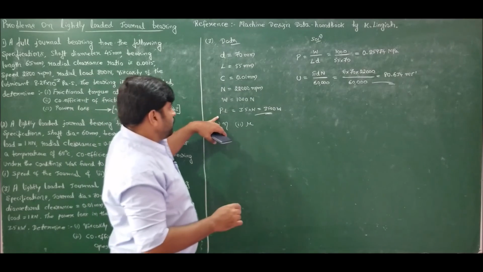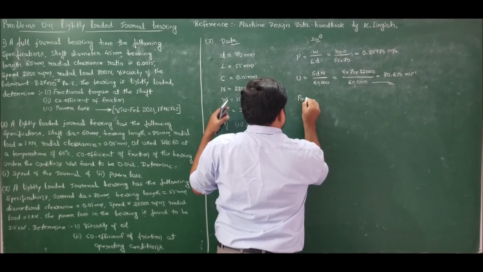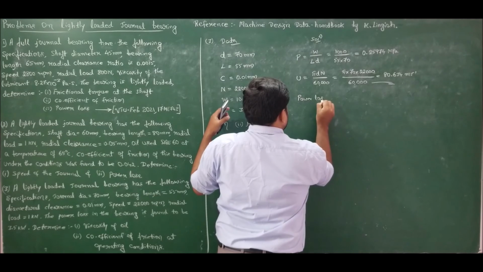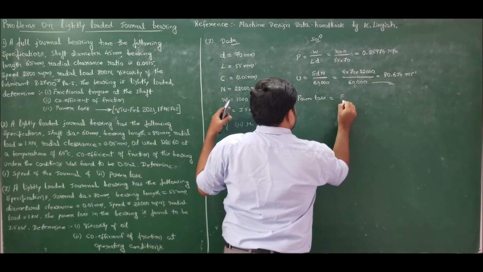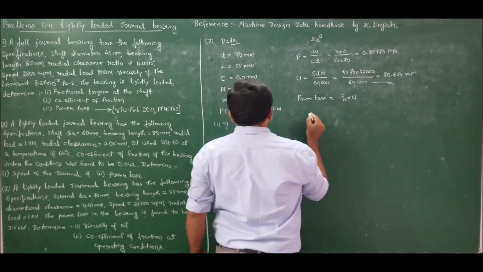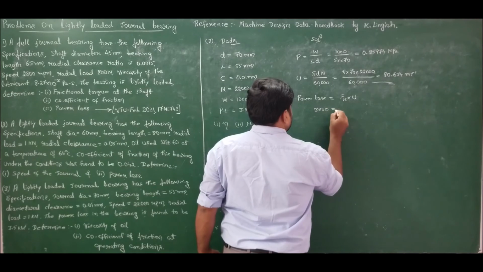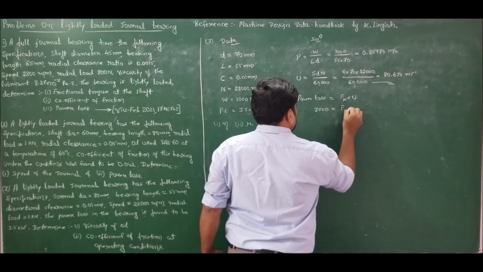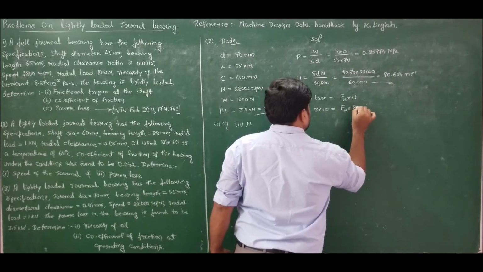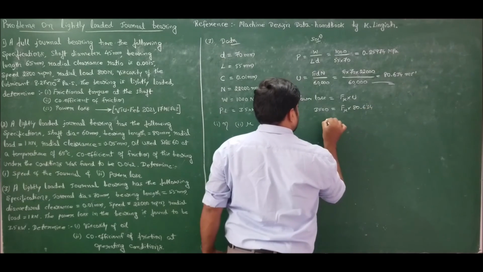Now make use of the power loss equation. We know that power loss is equal to F mu into U, force into velocity. Power loss is 3500 watts. Frictional force is unknown. U is 80.634.